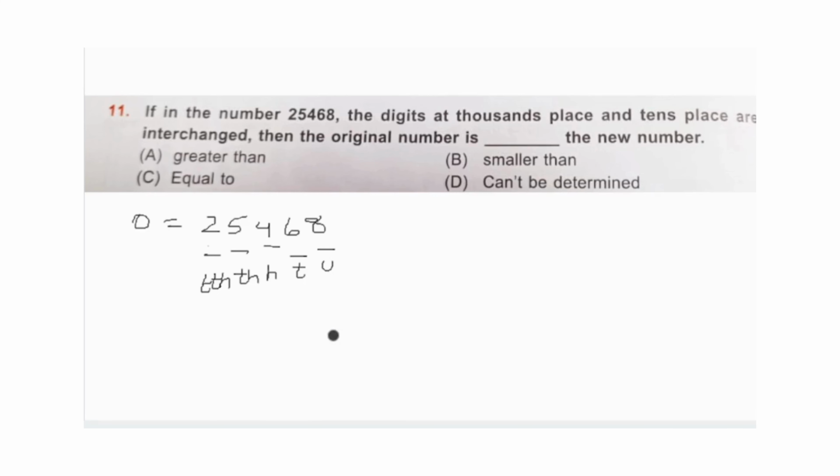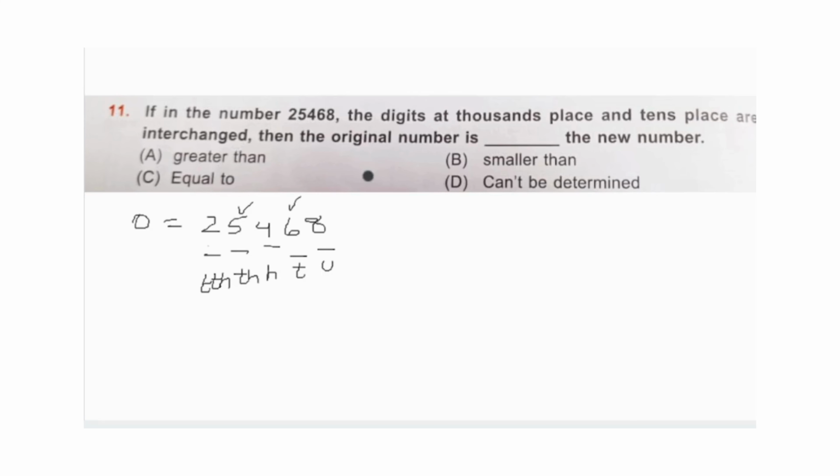Now, if you read the question, they say digit at the thousands place. The digit at the thousands place is 5, and the digit at the tens place is 6, and they are interchanged.